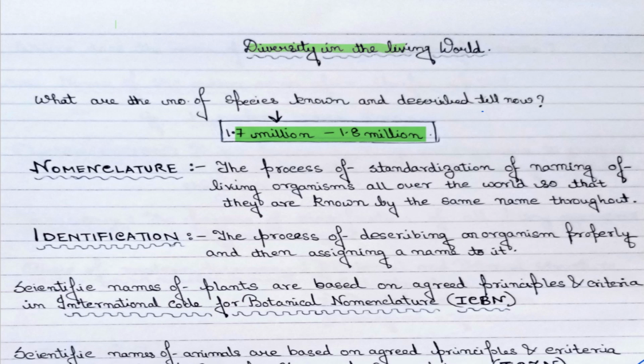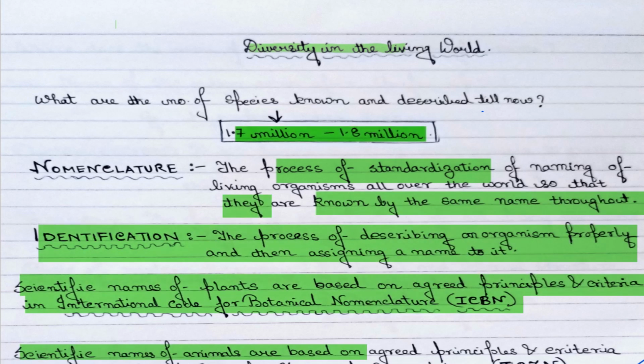So, one of the most important parts of characterization and identification is nomenclature, because our natural tendency is that we remember a certain thing by its name. So what is nomenclature? Nomenclature is the process of standardization of naming of living organisms all over the world so that they are known by the same name.